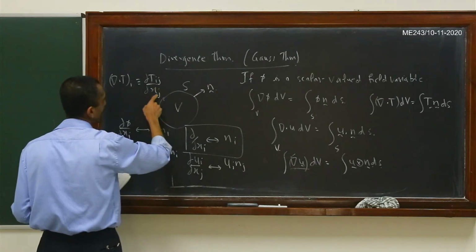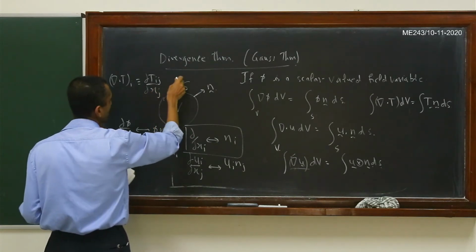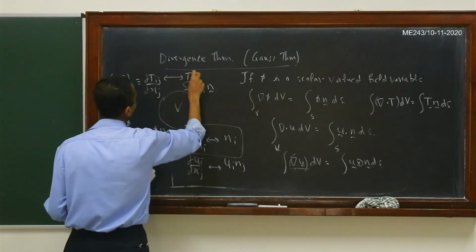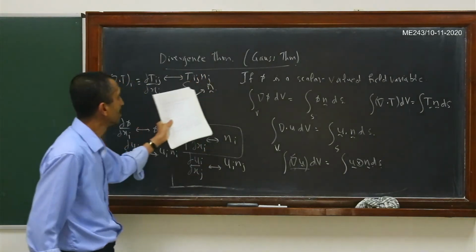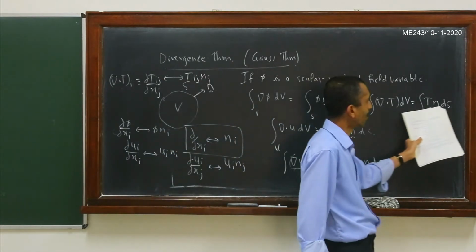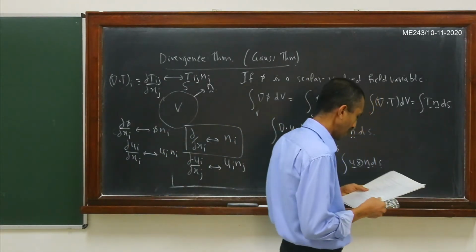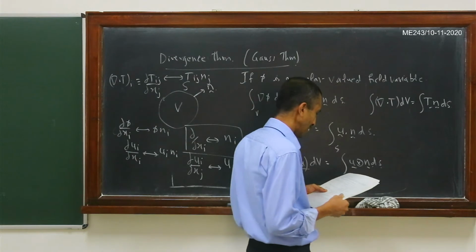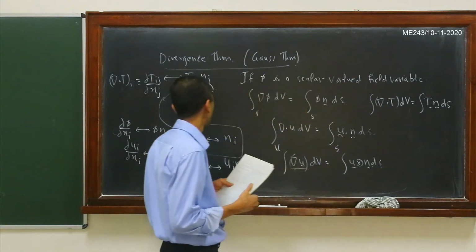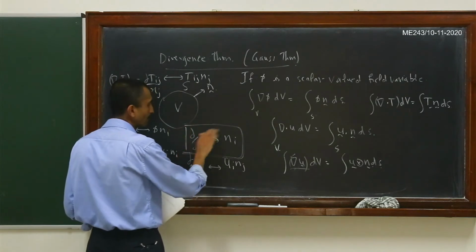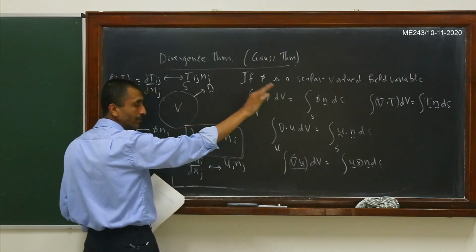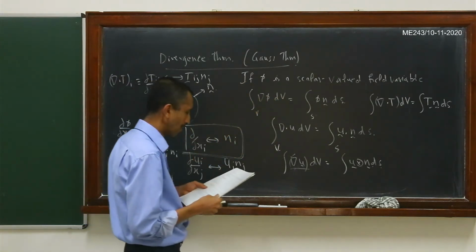And this ∂/∂xj goes to nj. So this goes to Tij nj, correct? And from that, this is nothing but the component form of T n. So I think you get the idea that we can generate these. If you remember this particular rule which I have put in this box, then you will be able to derive similar results for other types of quantities also.